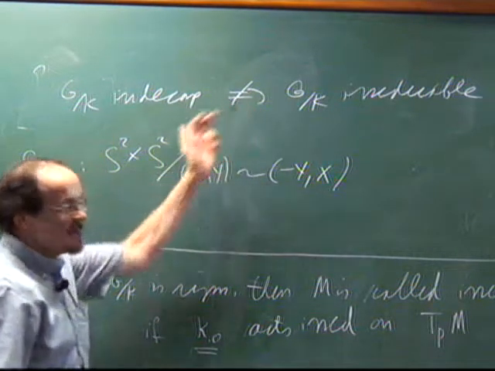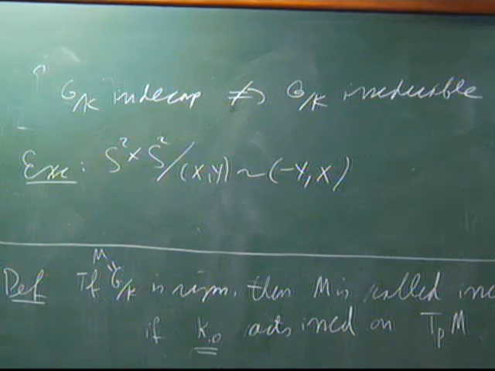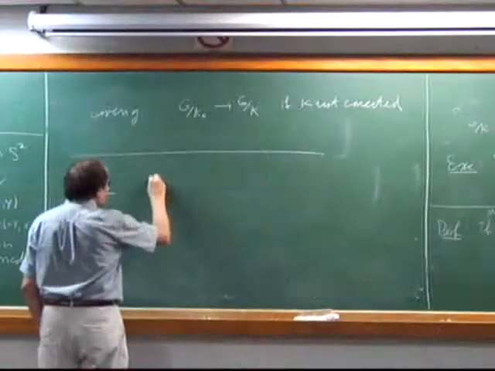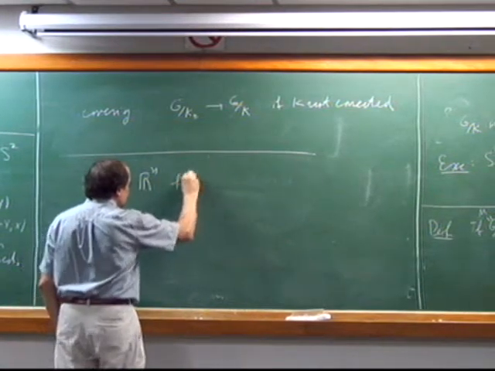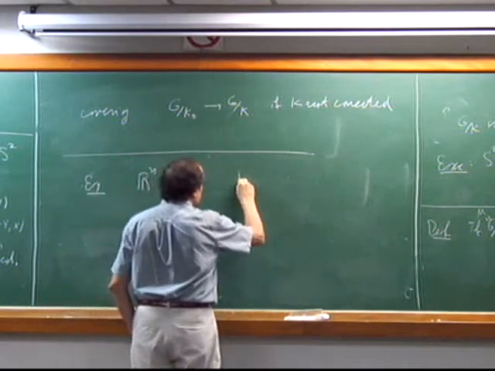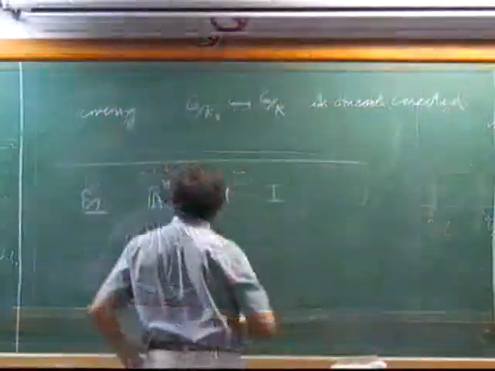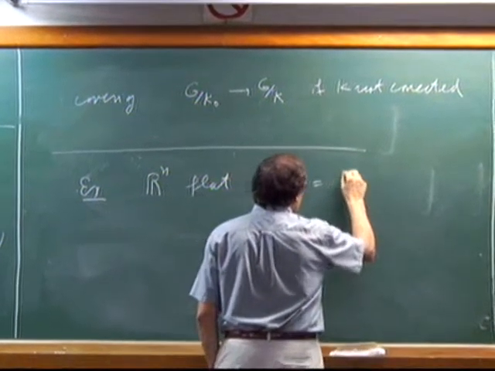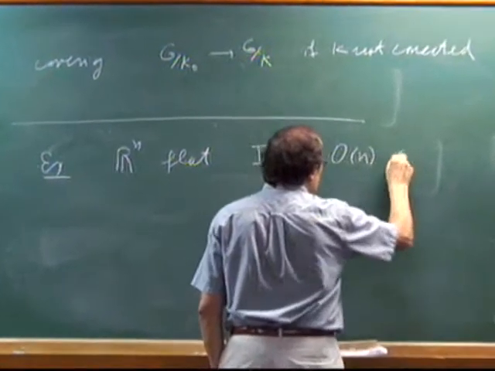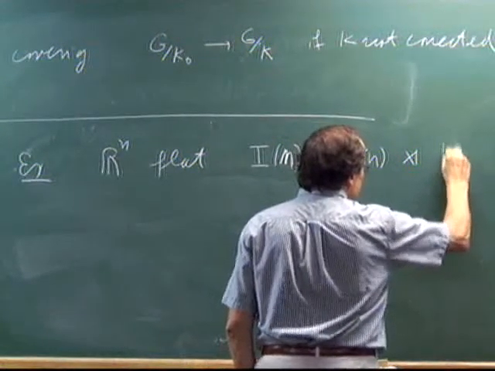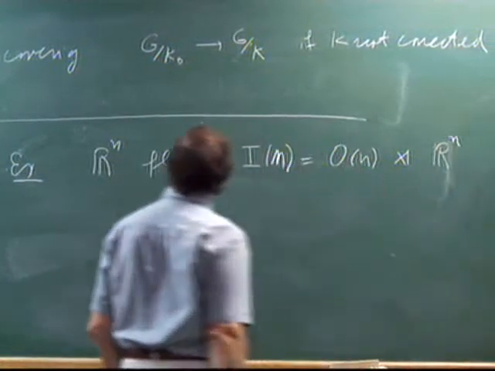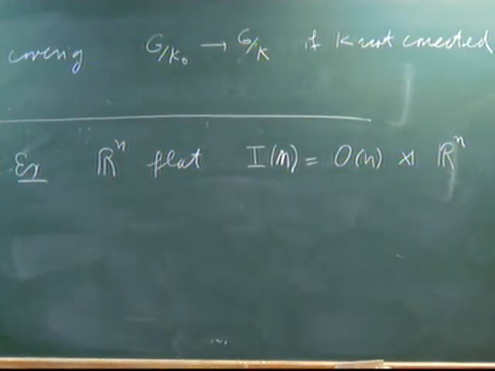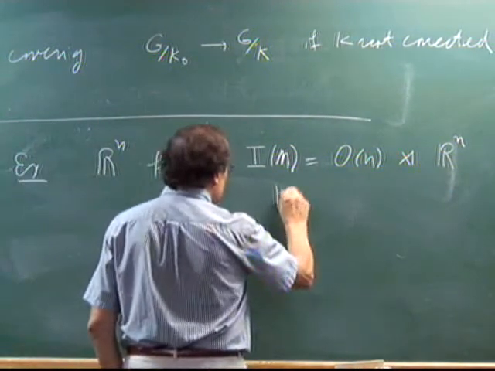You might think, well, in that case it would be the same, but that's not quite true because of the following example. So take R^n with a flat metric, then I of M is the orthogonal group, direct product with translations. That's the full isometry group of Euclidean space. And what is K?